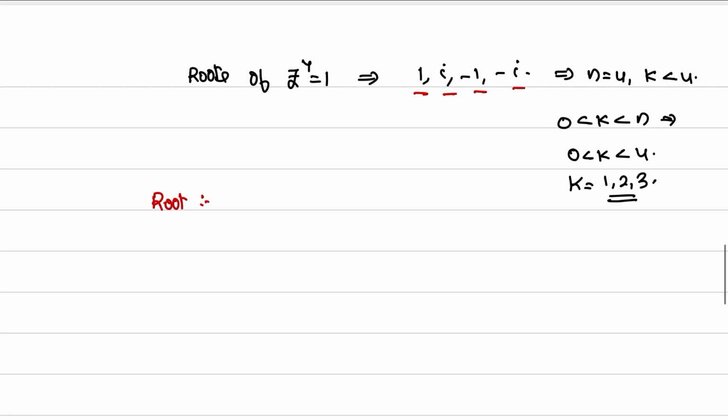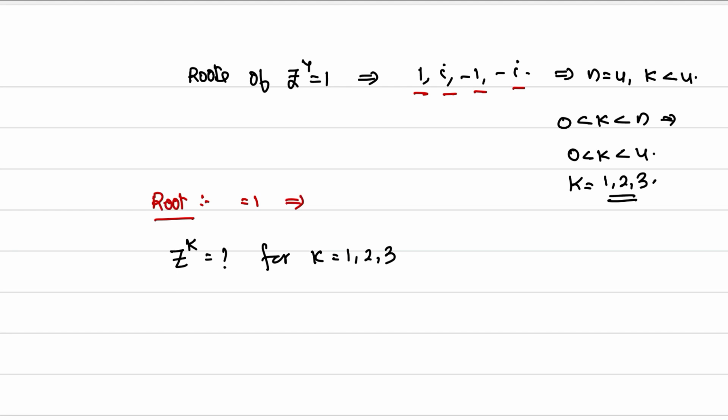Again I will do for the sake of you, root is equal to 1, let us say. Let us consider this. What is z to the power of k equal to? For k is equal to 1, 2, 3.